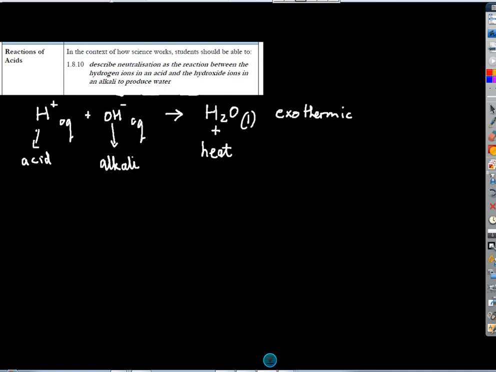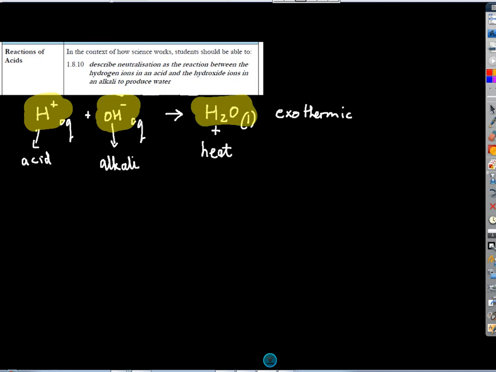So what happens then when these two things join together? Well, in 1.8.10, you'll notice that you have to understand what goes on in terms of a neutralization reaction, and that is when a hydrogen ion from an acid reacts with a hydroxide ion from an alkali, and what do we get?